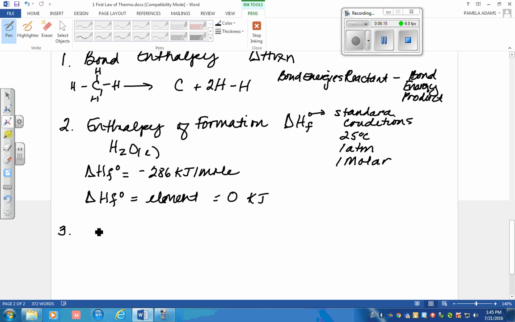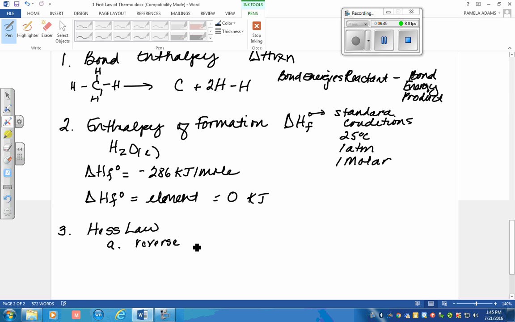We can also use Hess's law, and you will remember that Hess's law is a puzzle for smart kids. You have elementary reactions that can be used to figure out a target reaction. And you will have to first determine whether you need to reverse an elementary reaction.